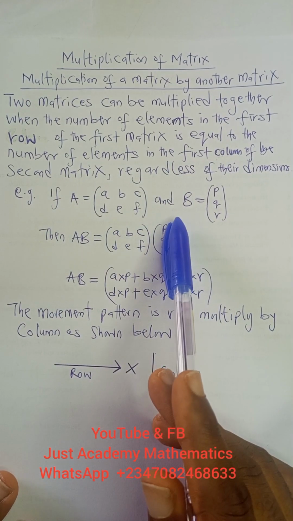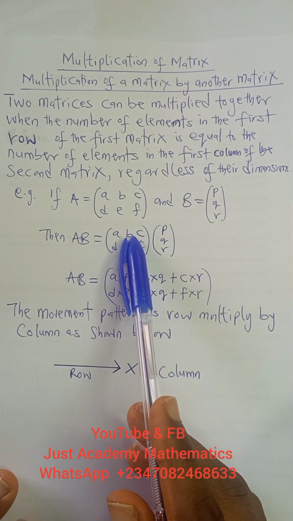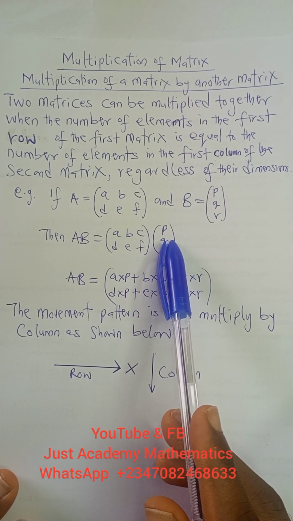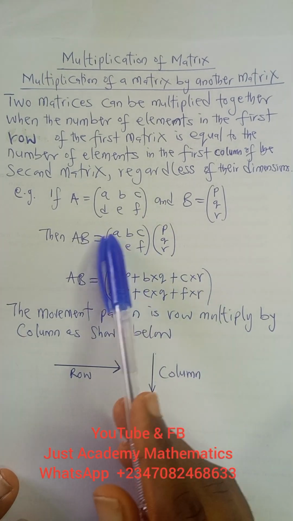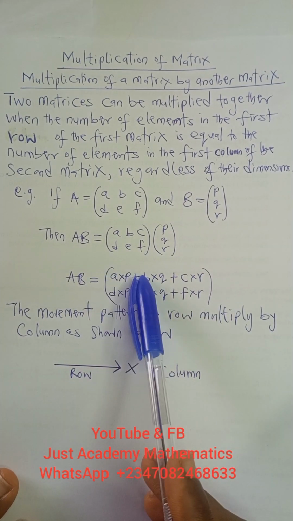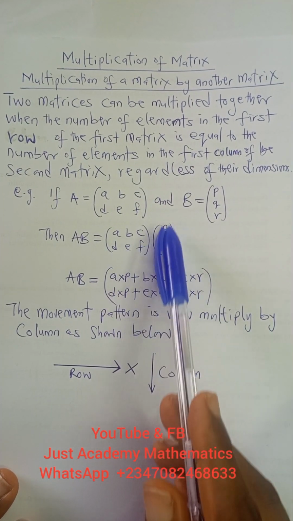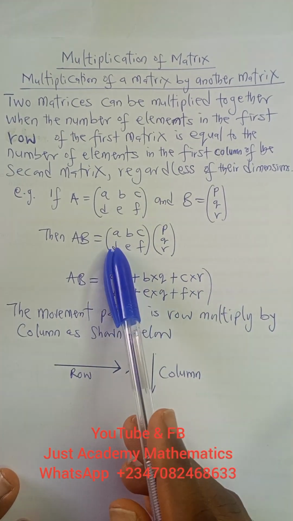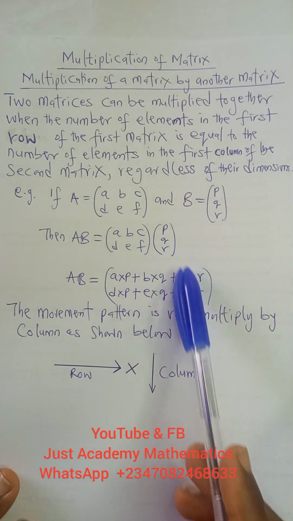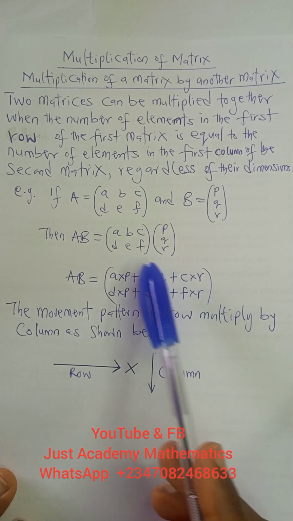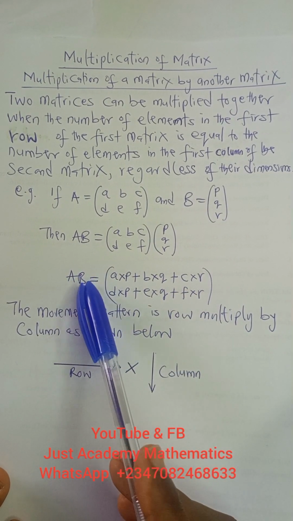So A times P, look at it, A times P. This B, the second entry, times this second entry here, that is B times Q. C times R. Can you see the movement? Now, that is the first one. Then the second one, you take the second row, you still multiply by the same column. B times P, E times Q, and F times R. So when you add them together, you will get your matrix A times B.